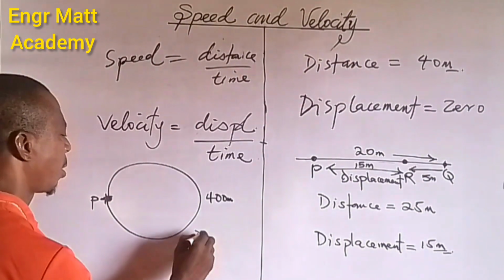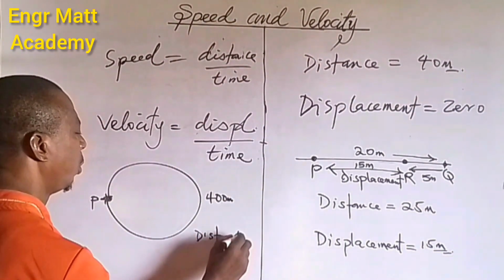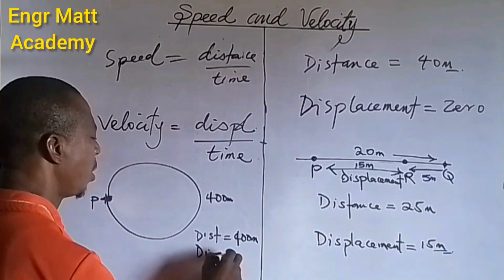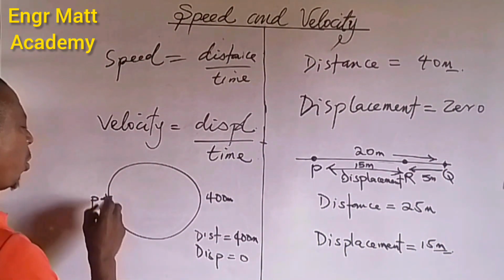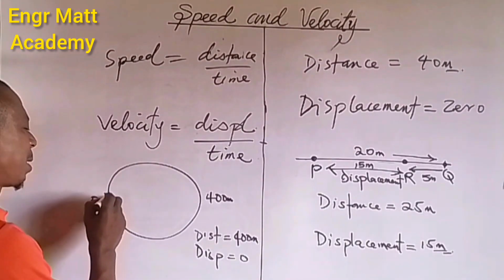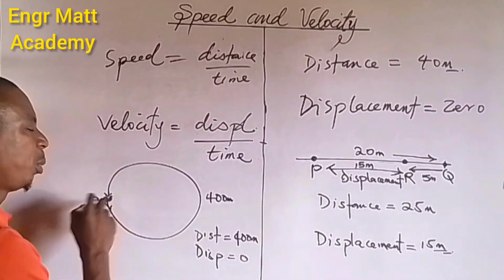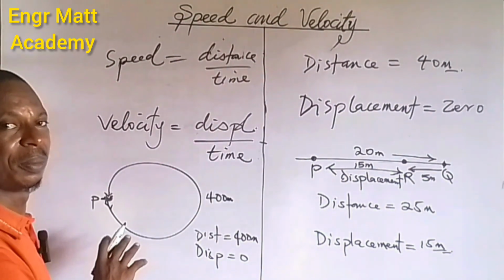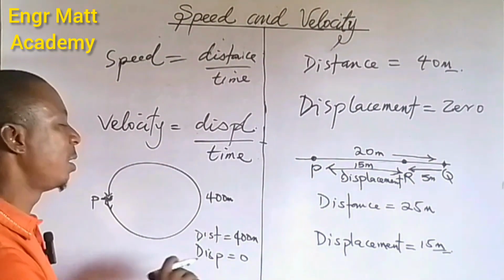Your distance is 400 meters, but your displacement is 0 because you stopped at exactly the starting point. Velocity cannot see the direction, therefore your displacement is 0.